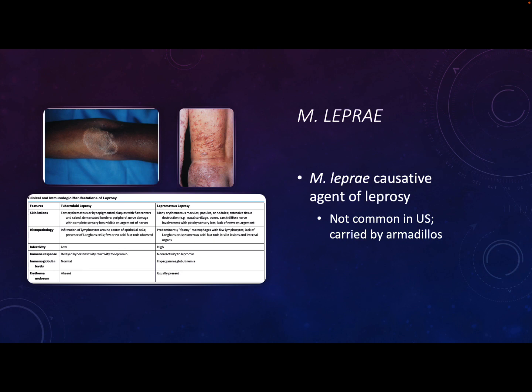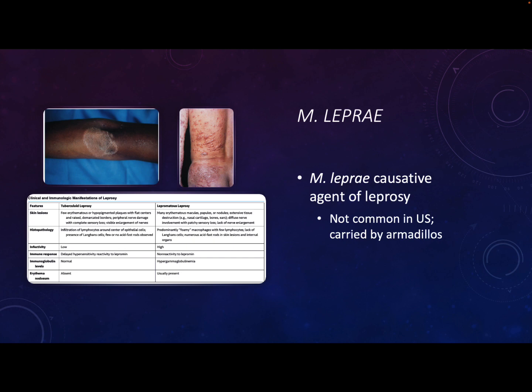There's tuberculoid leprosy, where you have these kind of plaques on the skin. That's what they're showing in the left image. You'll have peripheral nerve damage, complete sensory loss, and visible enlargement of the nerves. The infectivity here is low. It's hard to spread this from person to person. The other type of leprosy is lepromatous leprosy. Lots of bumps and lesions all over the body.